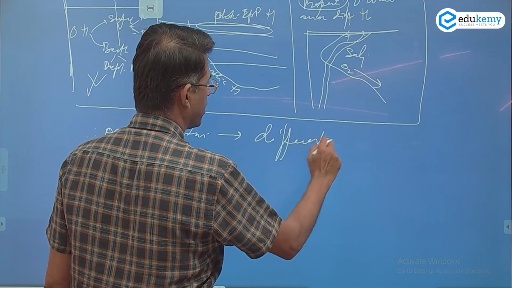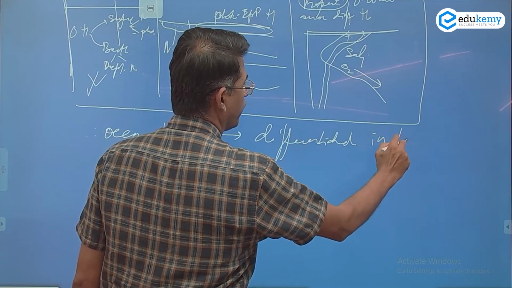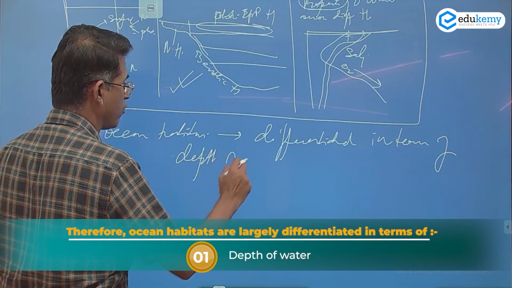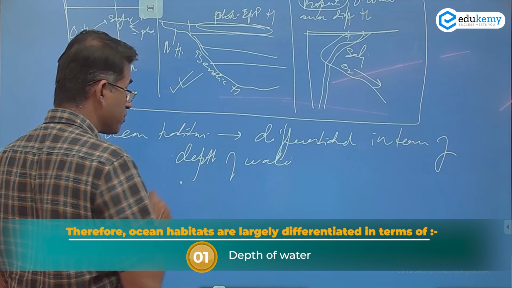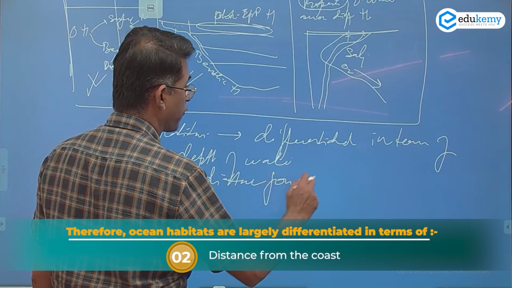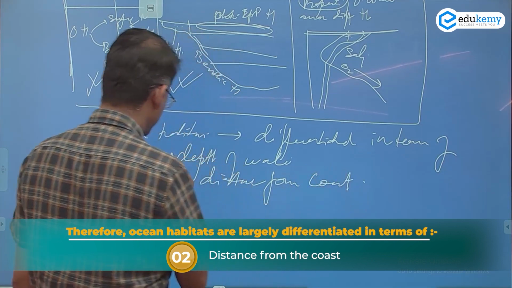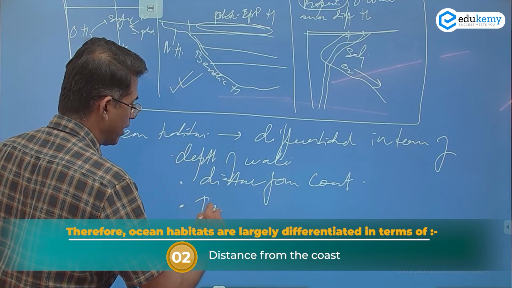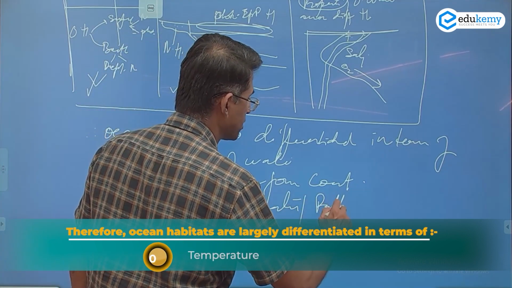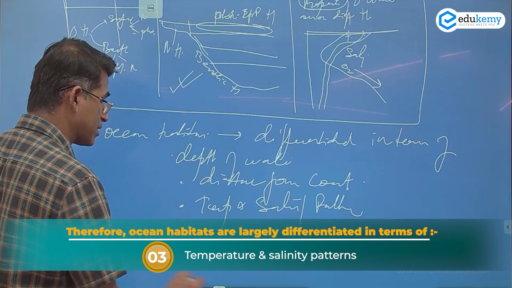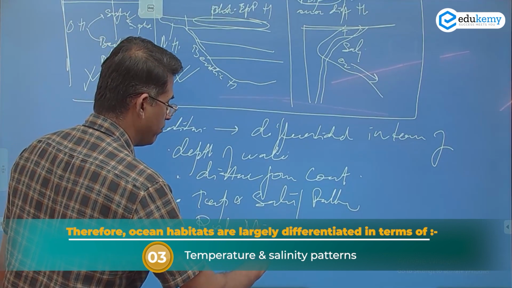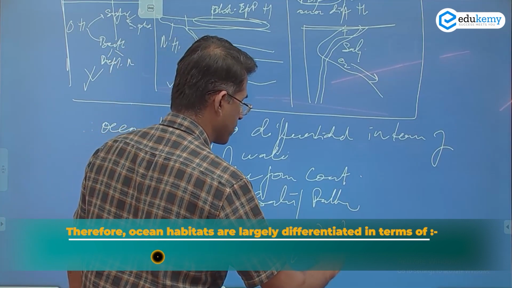They are differentiated in terms of depth of water, in terms of the distance from the coast, on the basis of temperature and salinity patterns, and on the basis of relative mixing of waters.